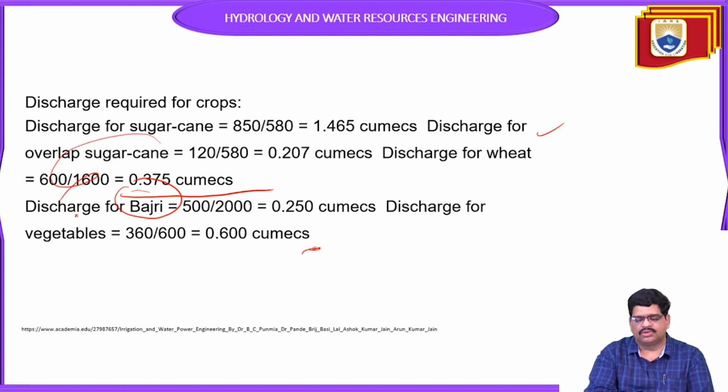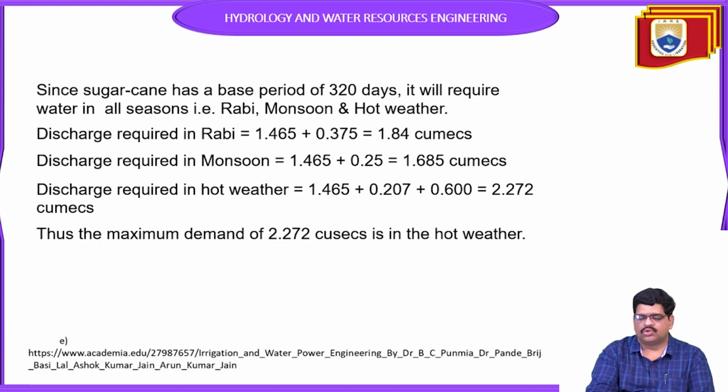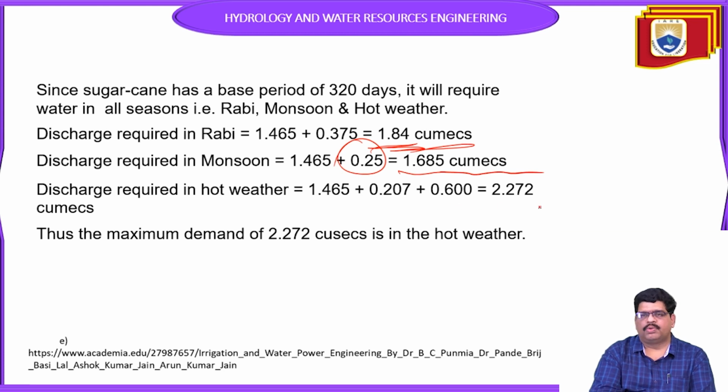Adding these two gives a total of 1.864 cumec. Discharge required for the monsoon is 1.465 plus 0.25, that is equal to 1.685 cumec. Discharge required for the hot weather is 1.465 plus 0.25 plus 0.60, that is equal to 2.275.